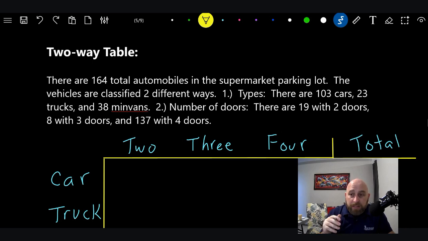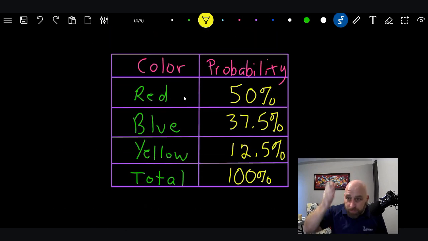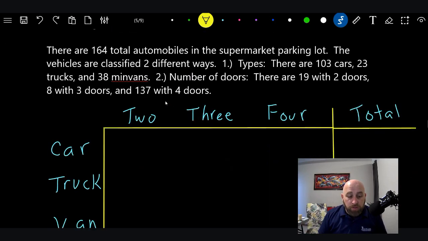So a two-way table means that you can go horizontally with information and vertically with information. In other words, there's stuff going on both directions. It's not just one group of information. This table right here was only going one way. It was only going vertically. We could also put information going horizontally, and that's what we're going to do here with the two-way table.